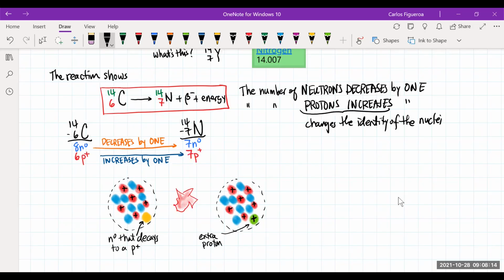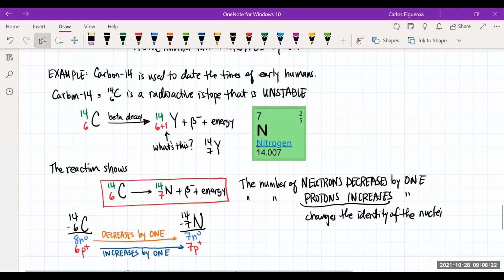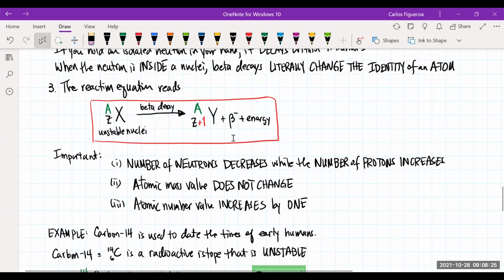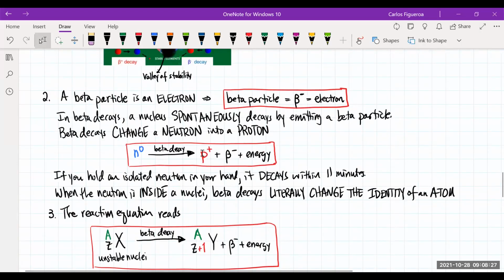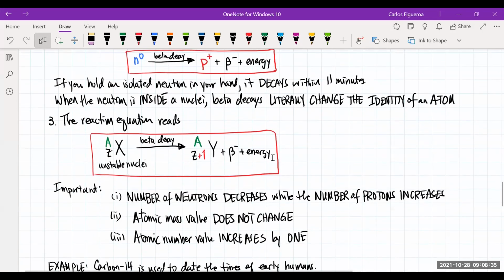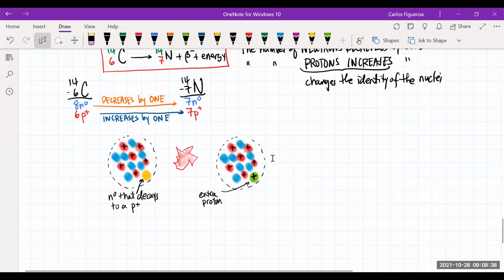So it loses a neutron and it gains a proton. But remember, what is the actual decay? The actual decay is what? I get a proton. So then the neutron is ejecting what? A beta particle and energy. So I got to focus on that proton right there. So if I focus on the proton, part of this thing goes like this. It ejects out a beta particle.